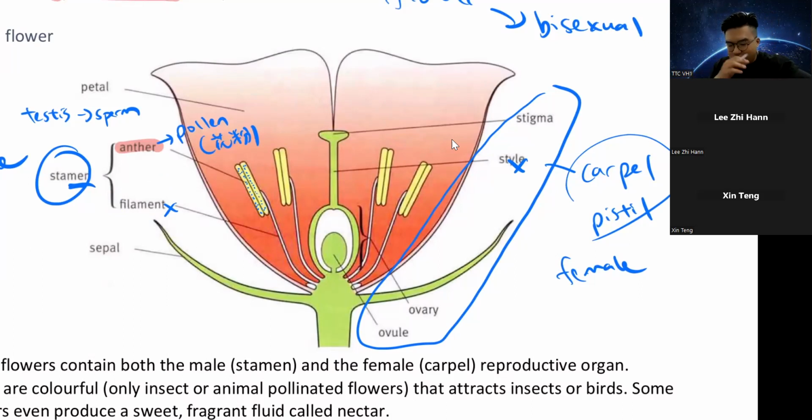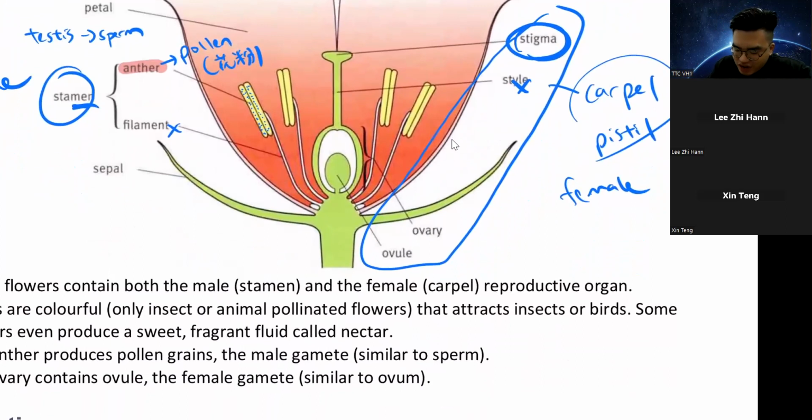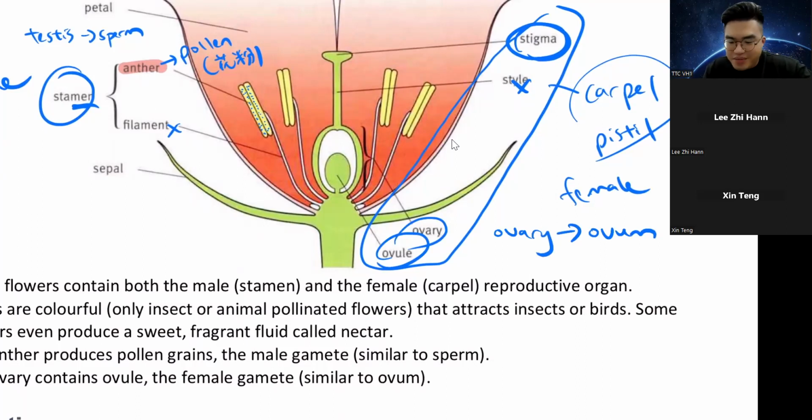Okay. The important one is this, the stigma. I'll talk about the stigma later. Of course, you see ovule and ovary. This is very similar to human. Girls' ovaries will make ovum. 女孩子的卵巢会产生卵子, ovum, 卵子, right?